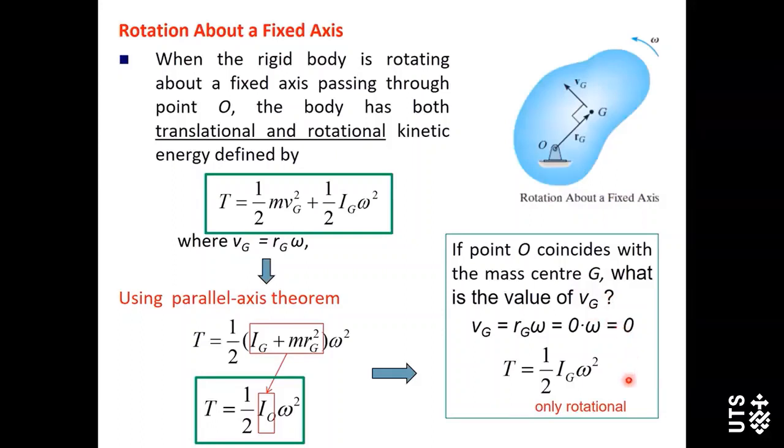Then the equation will be like this. And in this one here, we still select point G for the calculation, but this time we only have a rotational component.